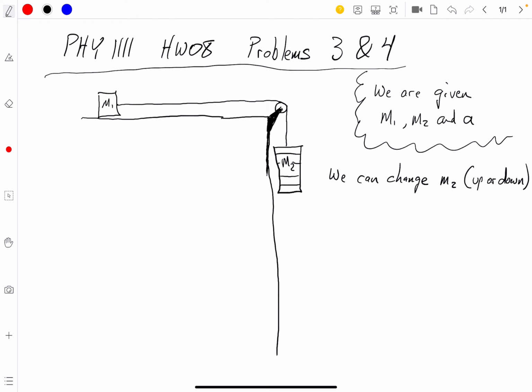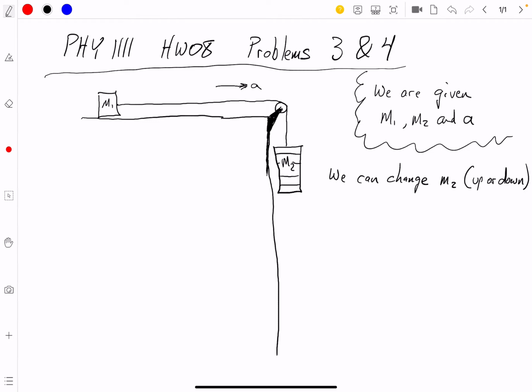So here we go. I've got problem 3 kind of laid out here. The numbers don't really matter until the end, so we'll come back to M1, M2, and the acceleration A. There's only one direction for our acceleration to go, and that's this way.